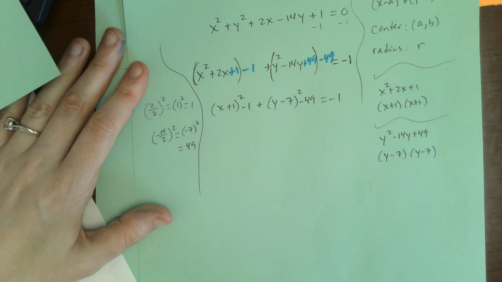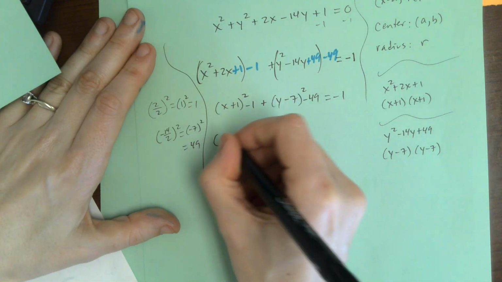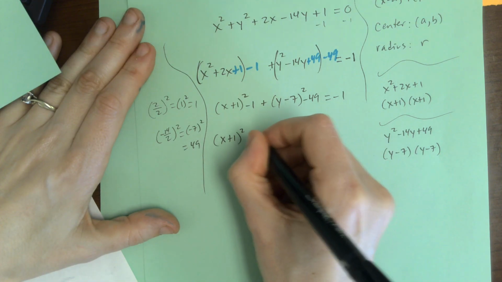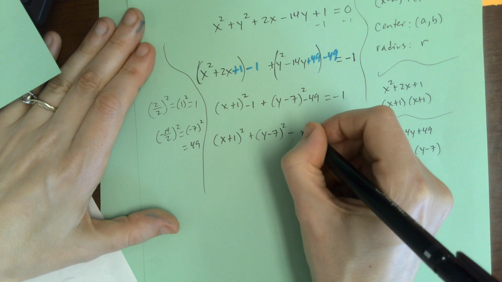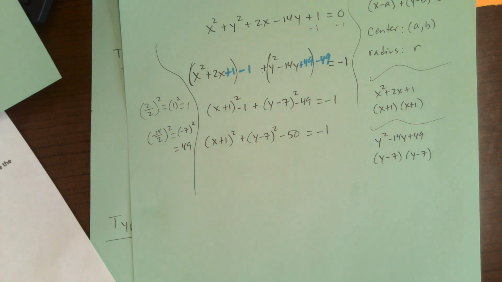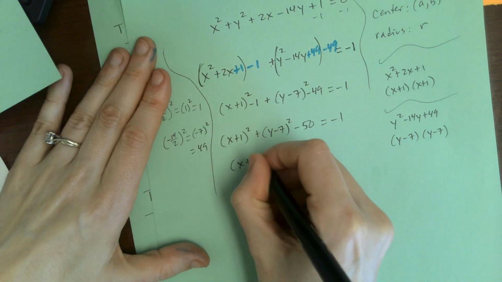Now I'll combine like terms where I can. So this is x plus 1 squared minus 50. And then I will add the 50 to both sides.